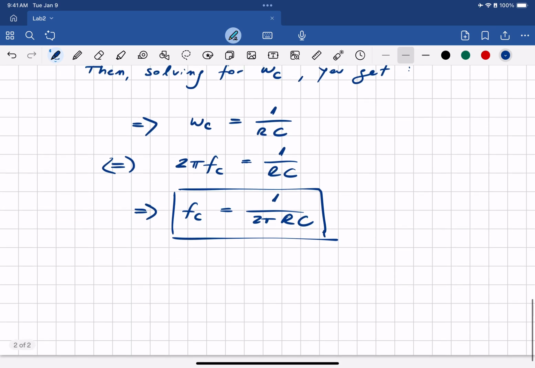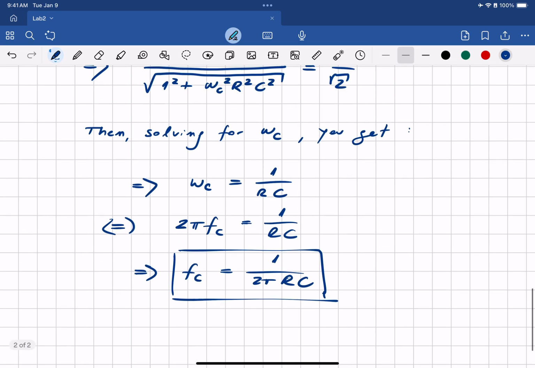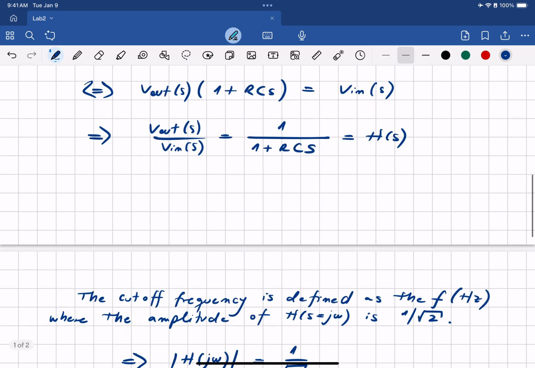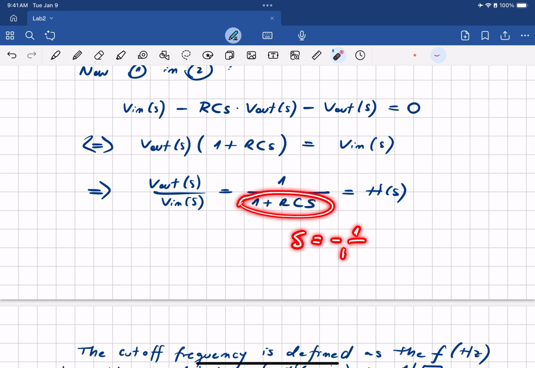Now, what does it mean in terms of the Bode plot, for example? We can quickly glance through it. This transfer function has one pole on a negative value, s equals minus 1 over RC.